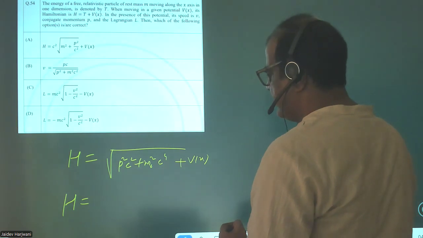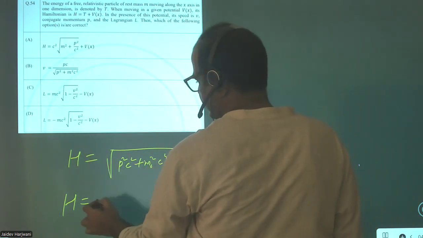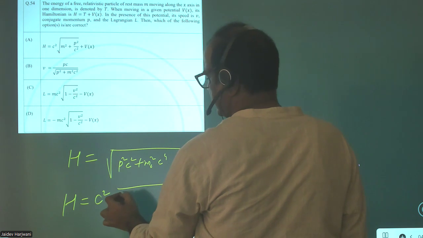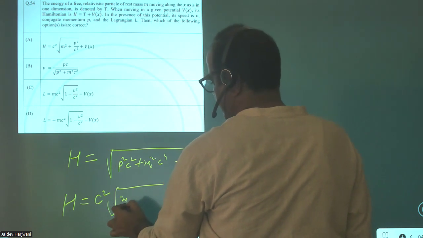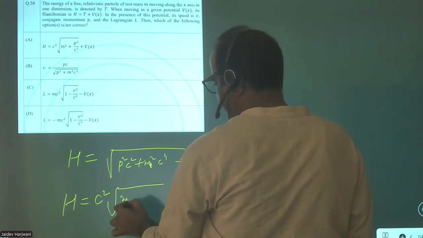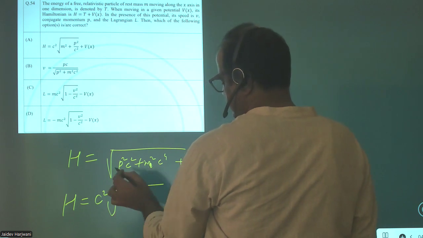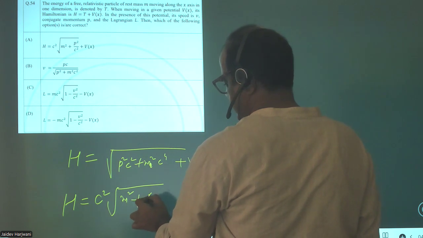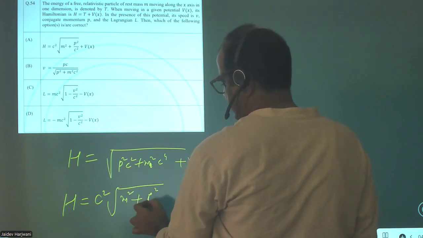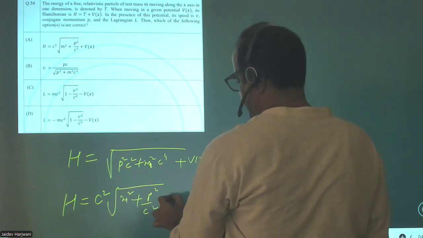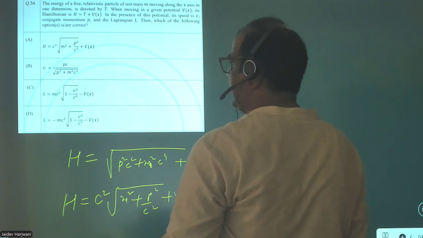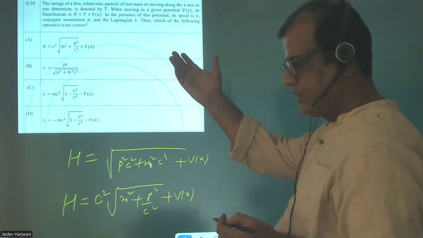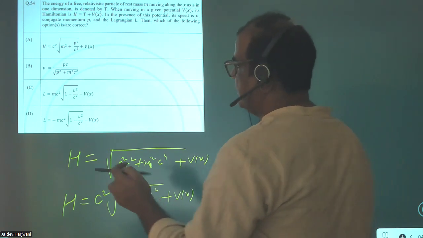If I take c square common, H will be c squared times the square root of m squared c to the fourth, common, so this becomes m squared plus p squared divided by c squared, plus V(x). So this is already given as option A, so option A is correct.